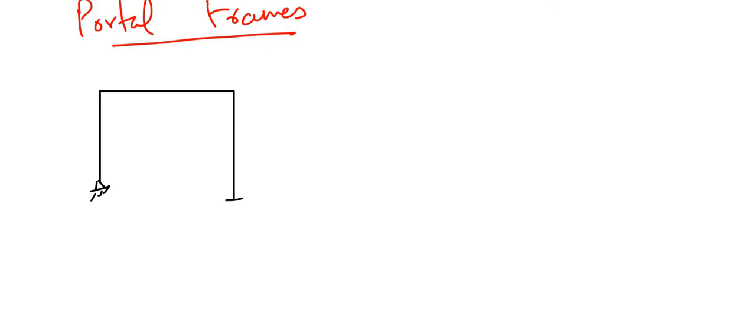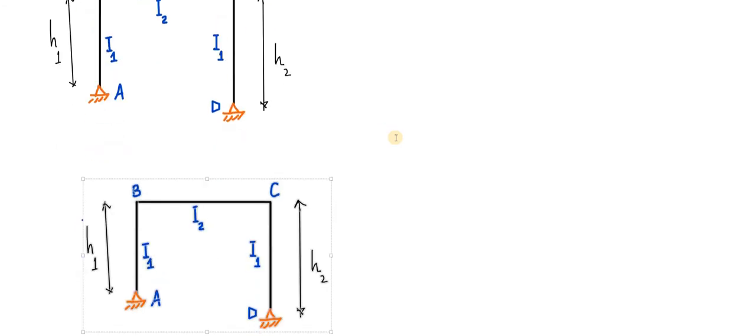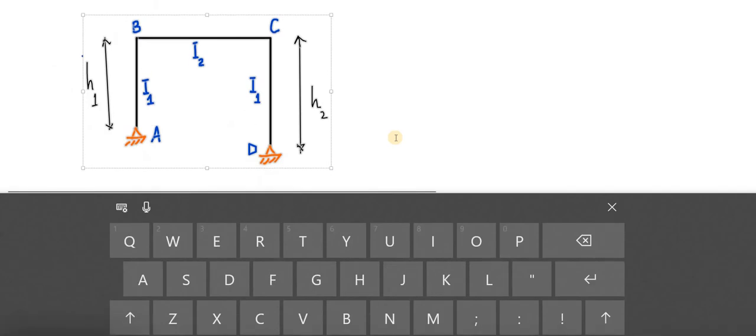So if you consider a frame of this shape with a hinge support over here and another hinge support over here, and if you consider different moments of inertia, I1 for the columns and I2 for the girder. So this is the given frame, and now we're going to consider a redundant over here. So we will redraw this frame and we will replace this hinge with a roller support.